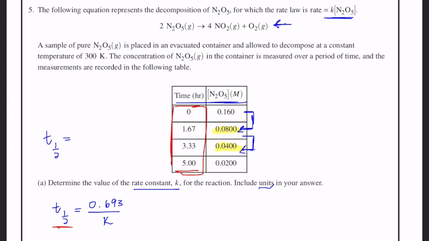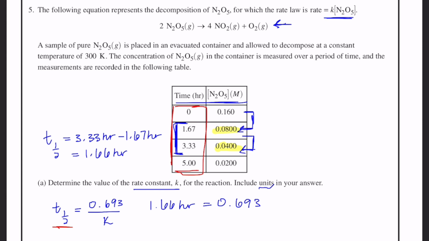I'm just going to use this over here. So that'll be 3.33 hours minus 1.67 hours, and that is 1.66 hours, and this is going to be the half-life, so 1.66 hours equals 0.693 over K. That, when we punch in our calculator, is going to be 0.415 hours to the negative first power.